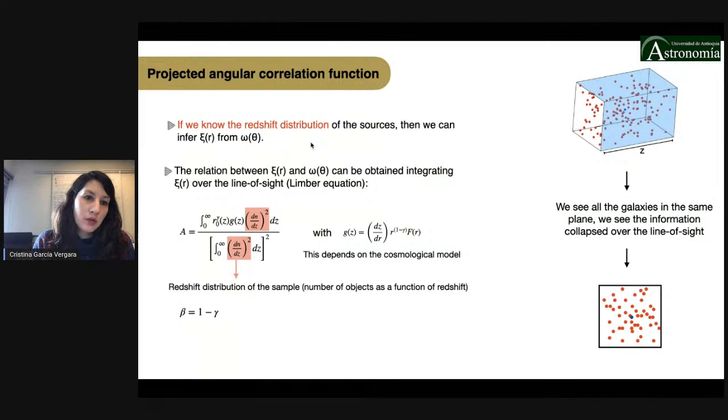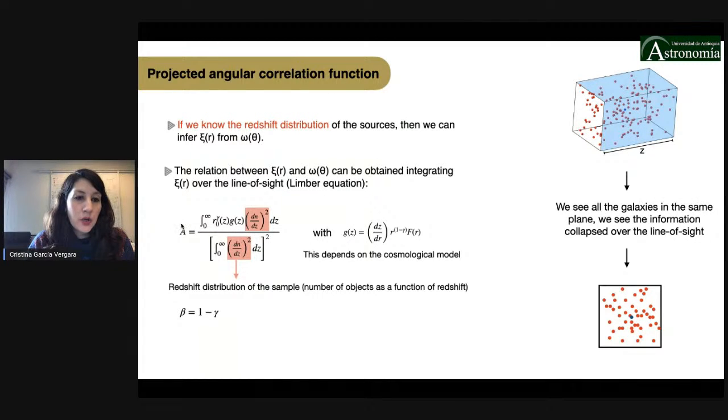But you need to assume a redshift distribution to convert from the angular correlation function to the 3D real space correlation function. To make this conversion, you normally use what is called the Limber equation, in which you can relate the angular with the 3D correlation function by integrating over the line of sight, because that is actually what we are seeing. We are seeing the distribution of galaxies integrated over the long line of sight.